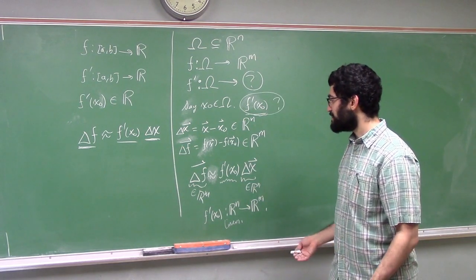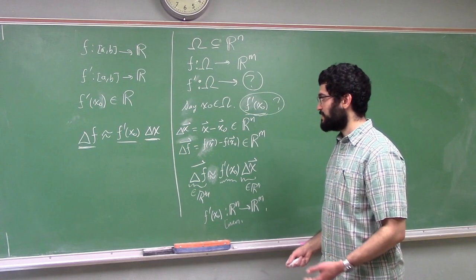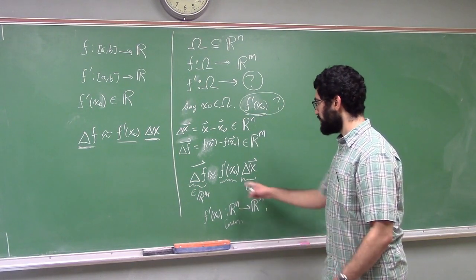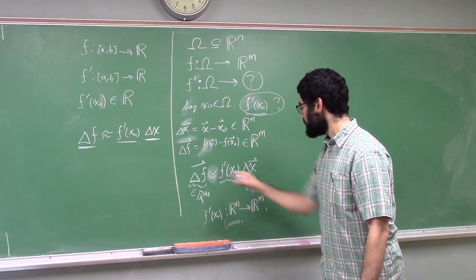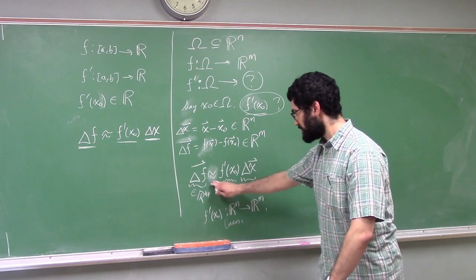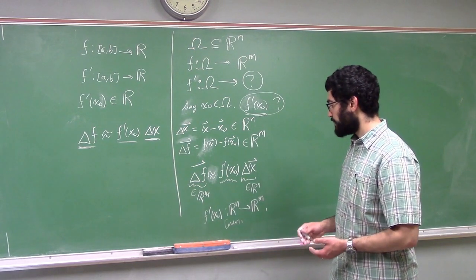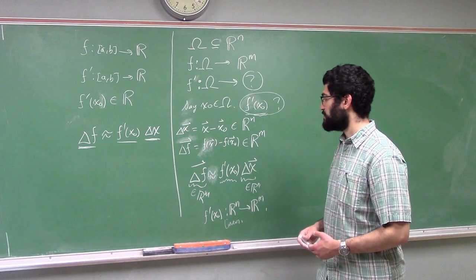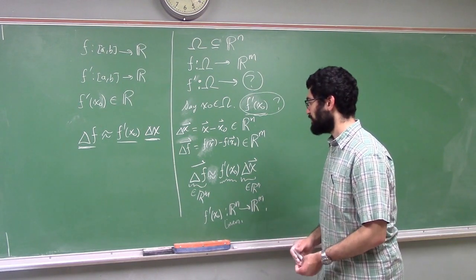And that's the essence of differentiability: the existence of a map that works like this, with the appropriate limit statements in place, and which is linear. It has to be a linear approximation to the function.